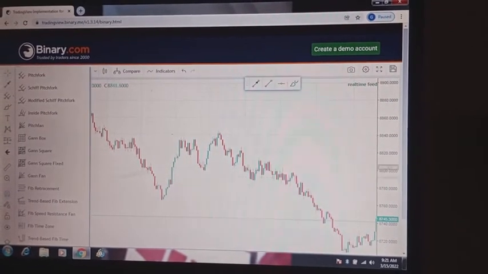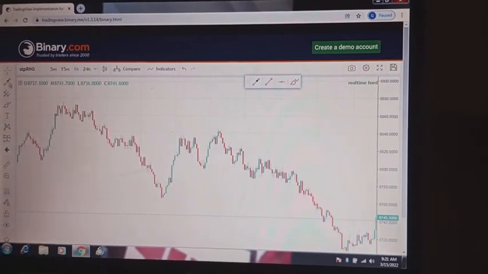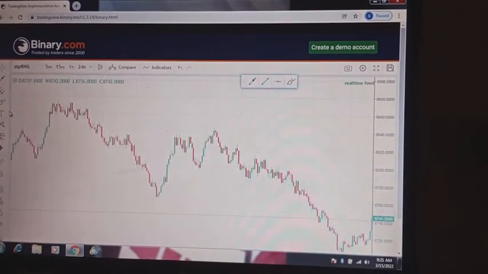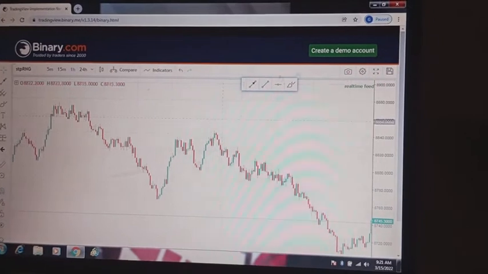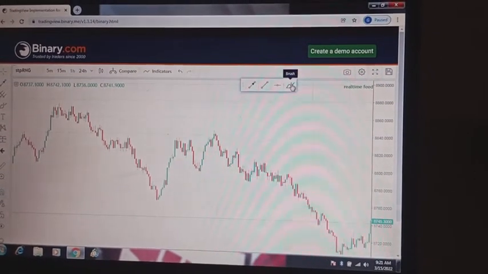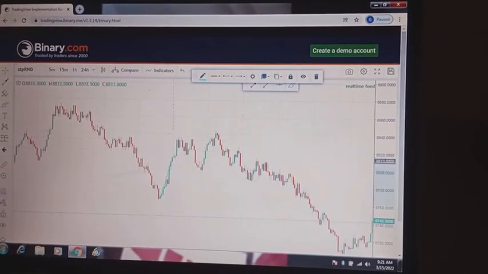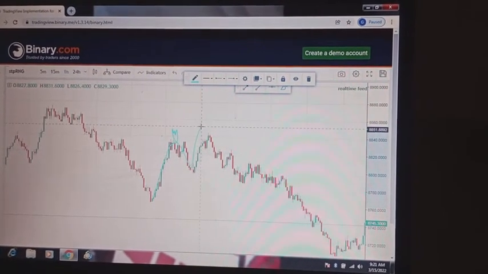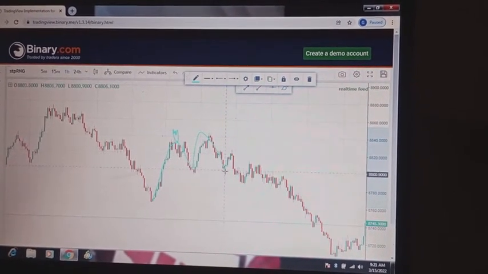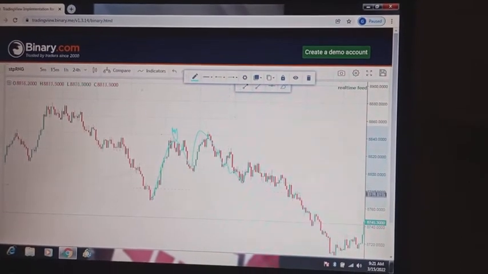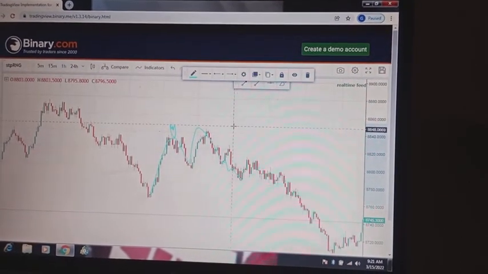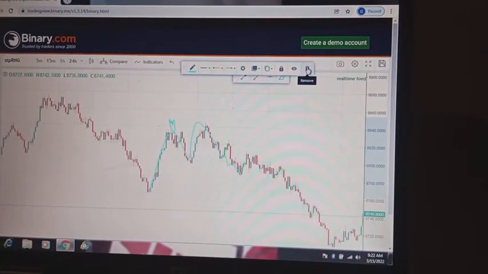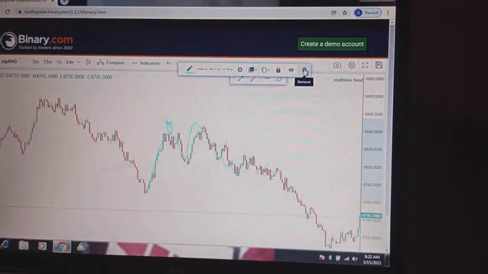Let me bring these things out so that you understand what I mean. This is our double top. Can you see that? That is our M pattern, this is our M pattern in the chart.